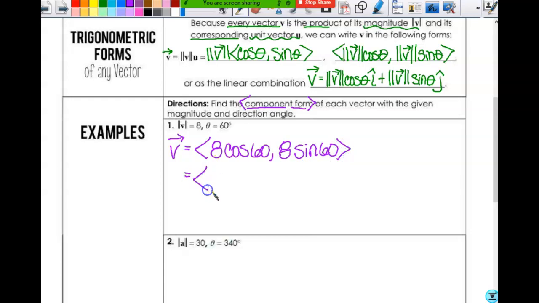Okay, so let's do this one without the calculator. What is 60 degrees in radians? Pi thirds. Okay, so let's think, because I know we would all rather think in terms of radians. So this is going to be 8 times, so pi thirds, my hand trick, I'm right here, so the cosine is 1/2. And what is the sine? Square root of 3 over 2, very good.